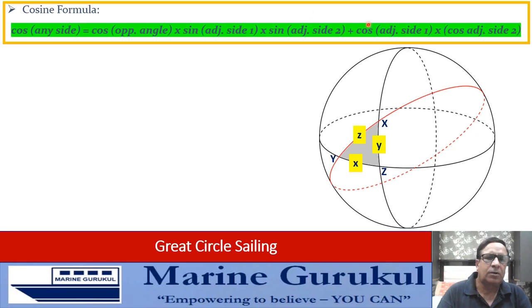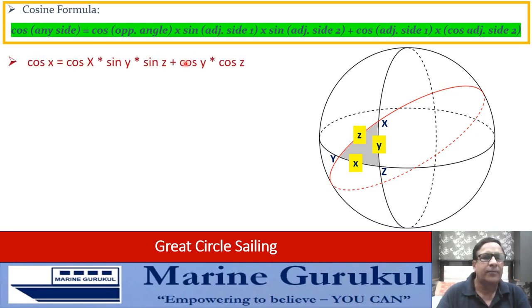Now let's write down the formula for all the 3 sides. If we write it for cos x, for the side YZ or small x, then the opposite angle would be X, adjacent sides would be y and z, and the above formula can be written like cos x is equal to cosine of angle X into sine of side y into sine of side z plus cosine of side y into cosine of side z.